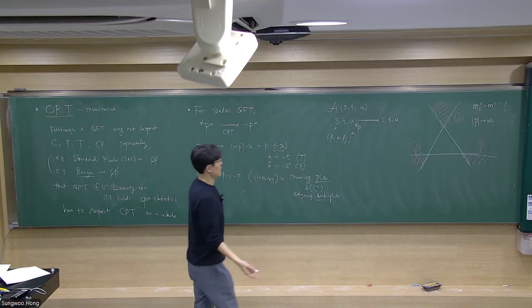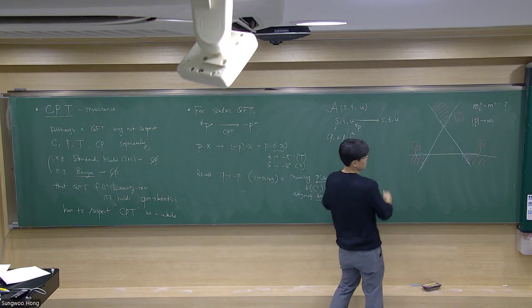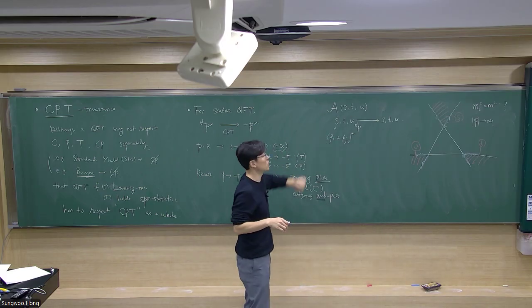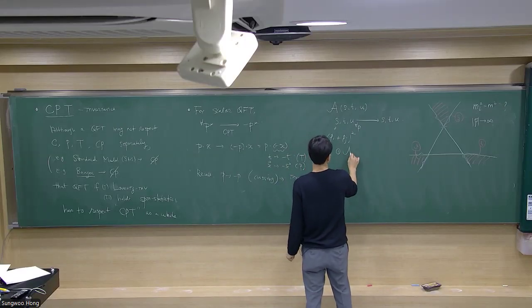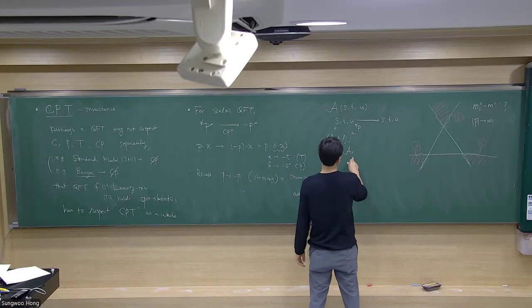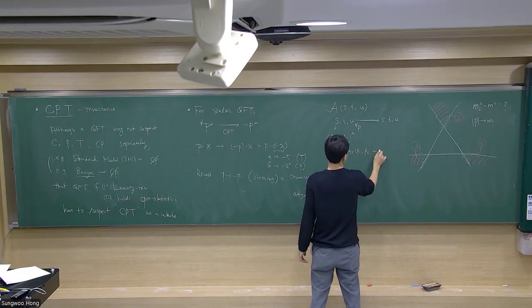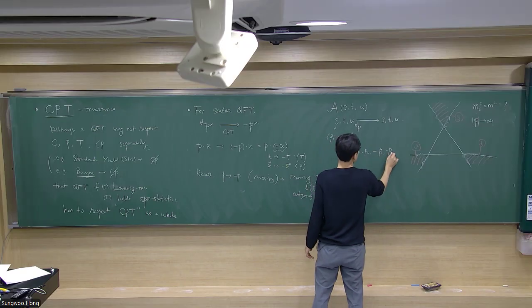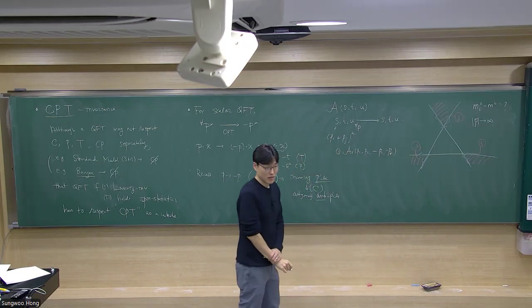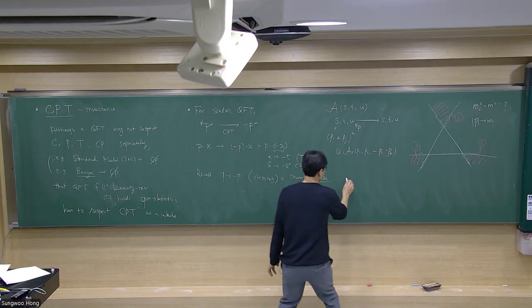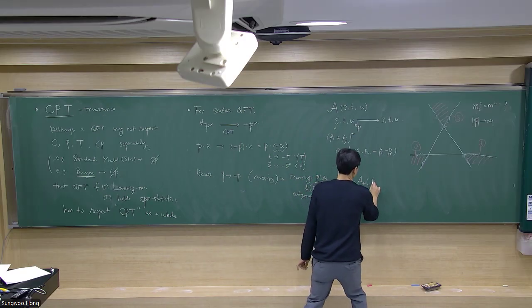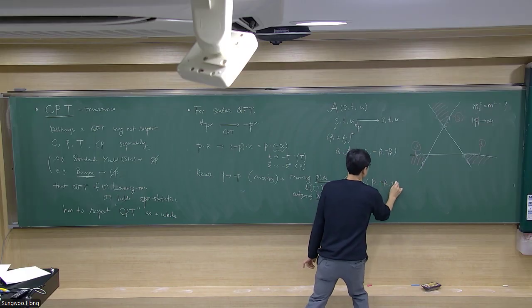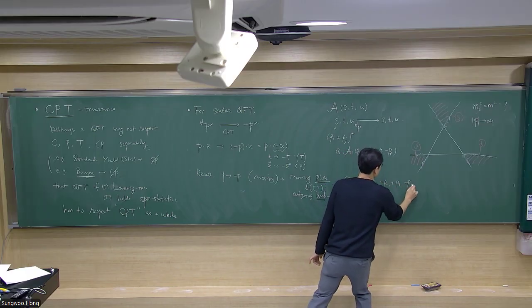Okay? Now, what does this tell us, for instance, about the scattering amplitude? So let's talk about the S channel. In the S channel, I will have P1, P2, minus P3, minus P4. Okay? And then let's talk about the T channel: P1, minus P2, plus P3, minus P4.